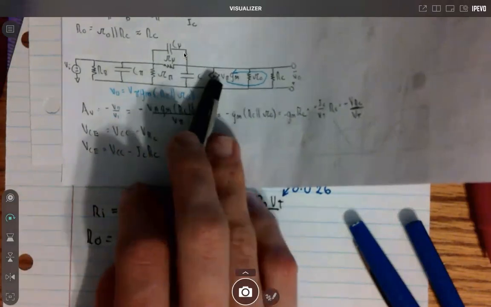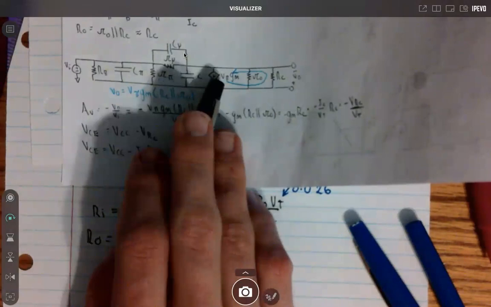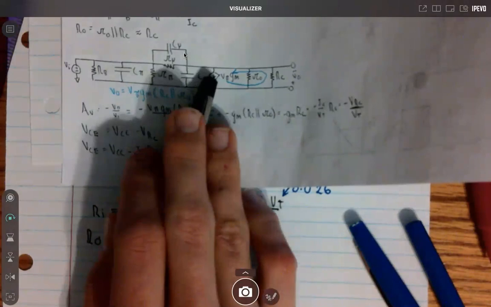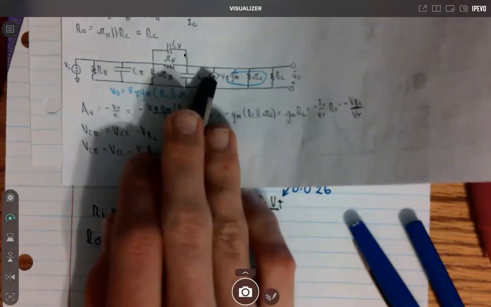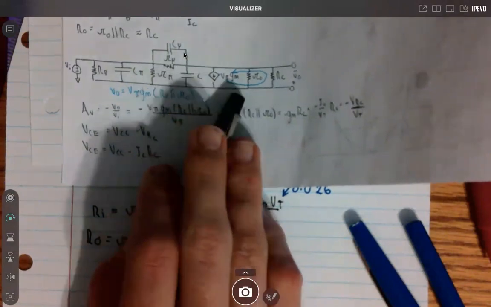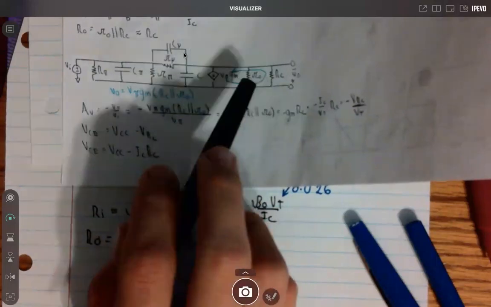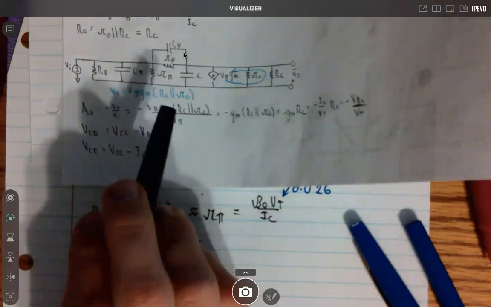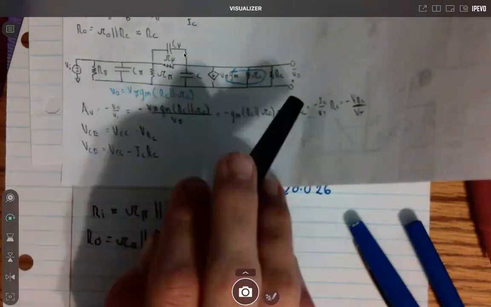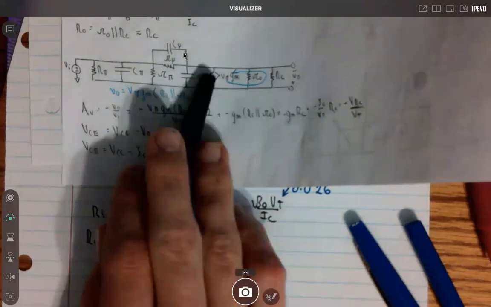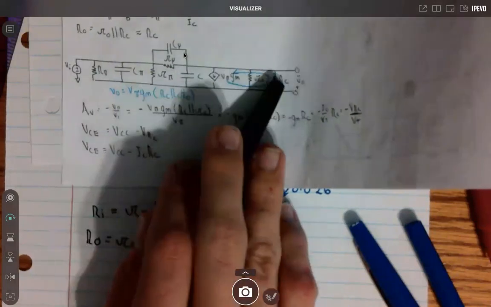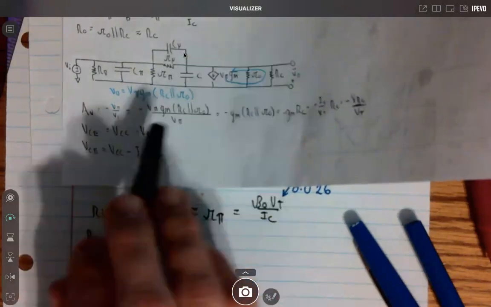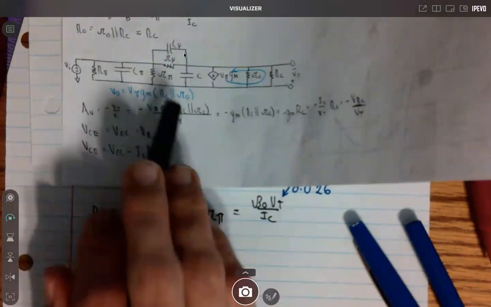So we had the current coming out, and then we had to look at the current going up. And then we took R out in parallel with RC and multiplied that by this current source in order to get the voltage output, because this current source gives us the current, which is great, but what's the resistance? So we took these two in parallel, multiplied by the current source to give us the actual voltage that should be read across here. And that's how we substituted it in for the voltage output.